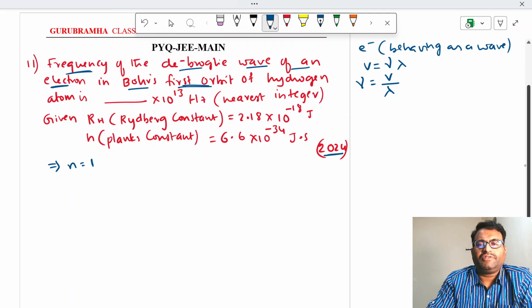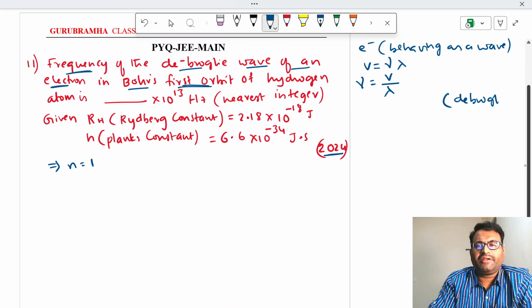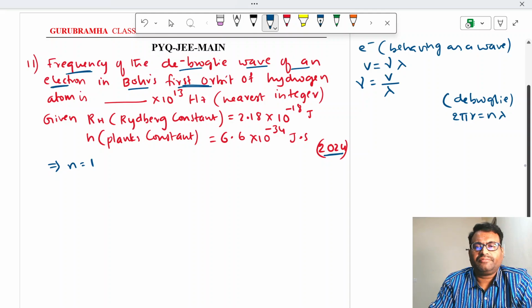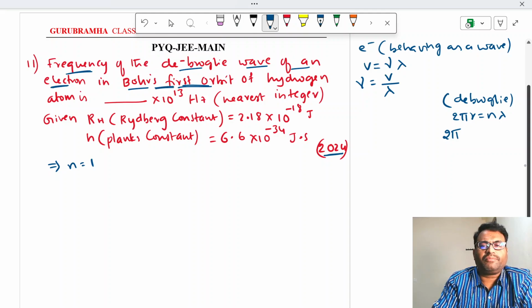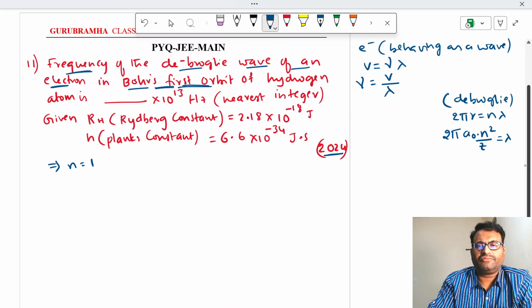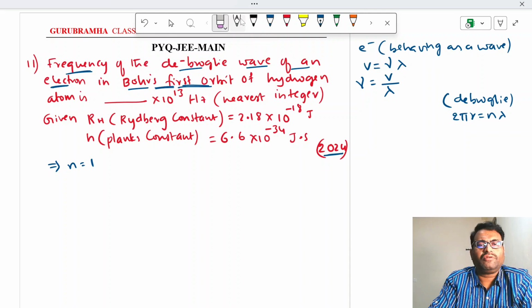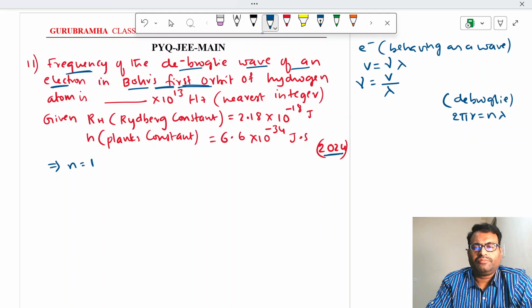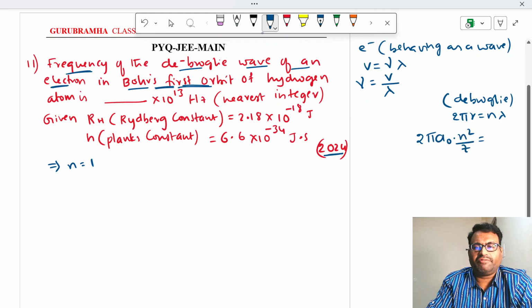And from de Broglie dual nature of matter, we know that 2 pi r is equal to n lambda. 2 pi into Bohr's first orbit radius, a naught into n square by z, is equal to n lambda.